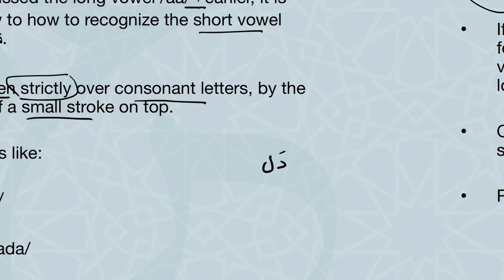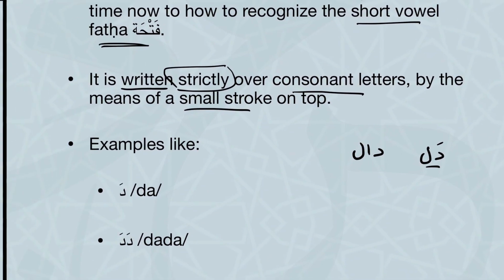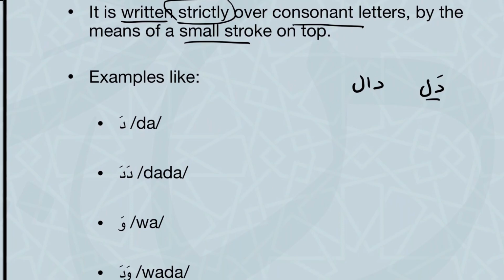But if you look at the letter name, it's dal. Remove the alif, it's dal. So we'd have examples as da, da, da, short.